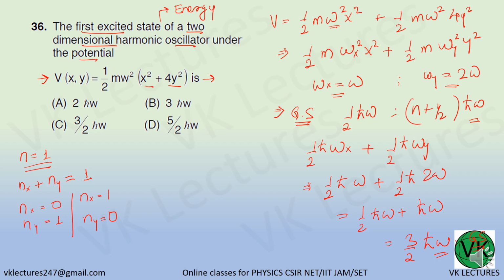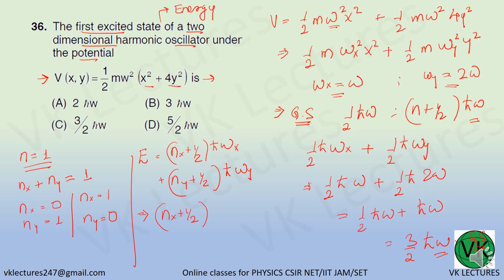Then you can write the energy E is equal to (nx plus half) h cross omega x plus (ny plus half) h cross omega y. We can write this as (nx plus half) h cross omega, because omega x equal to omega, plus (ny plus half) h cross into 2 omega.